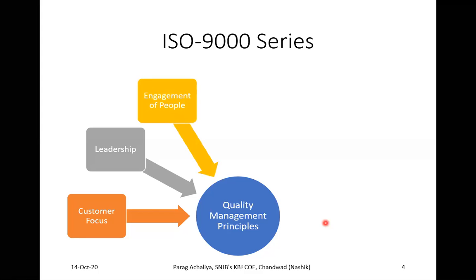Then the next principle is engagement of people. People should be properly engaged. The people can be customer, stakeholder, developer, tester, anything. Any people can be involved in this generalized term people. So there should be proper engagement of the people.